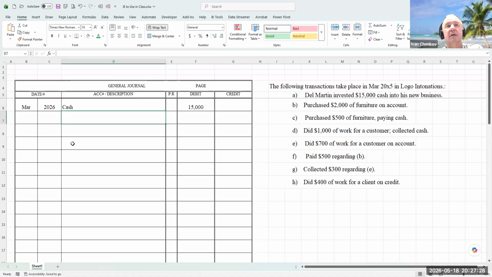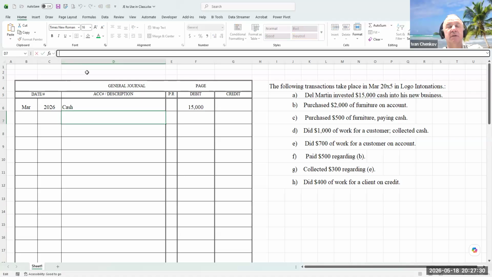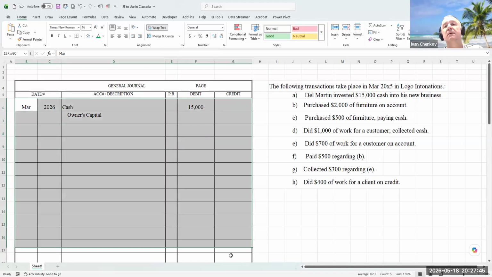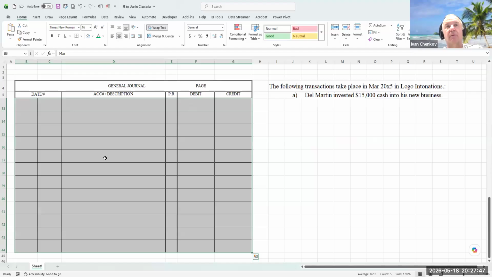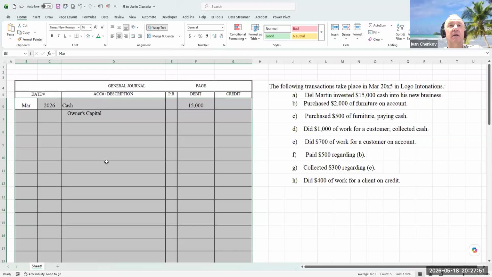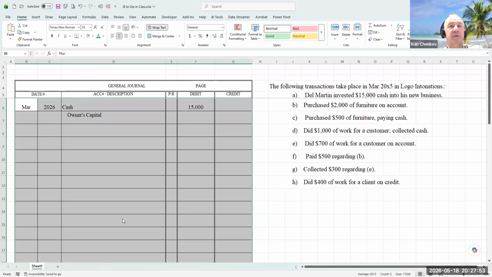Now, the next account which is involved is the owner's capital. Owner's capital also increases, and as we already know, owner's capital is an equity account, on the other side of the asset, liability, equity equation.